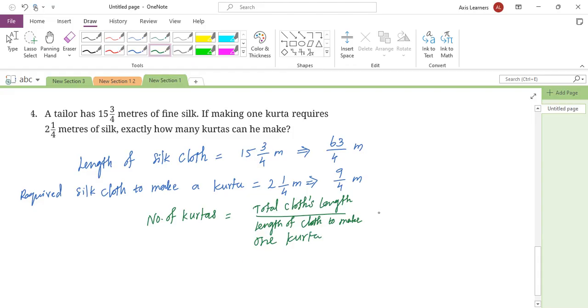So what will come? 63 by 4 divided by 9 by 4.